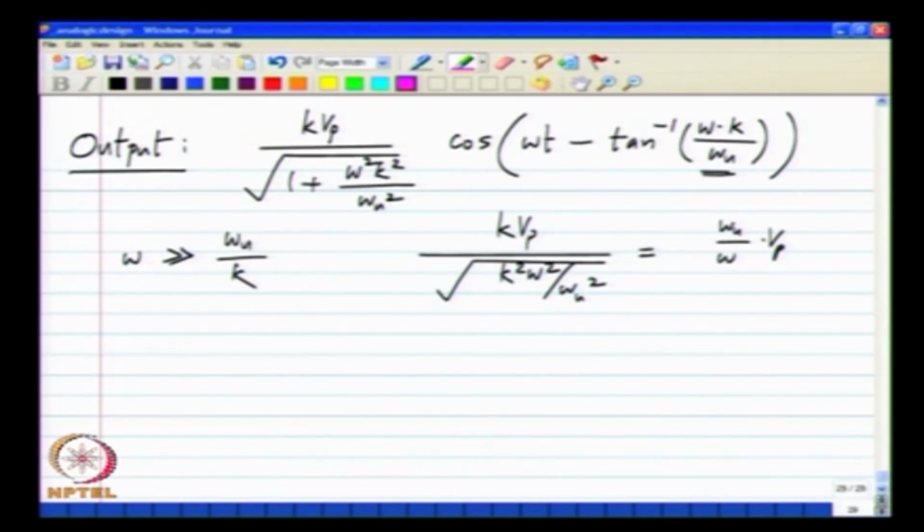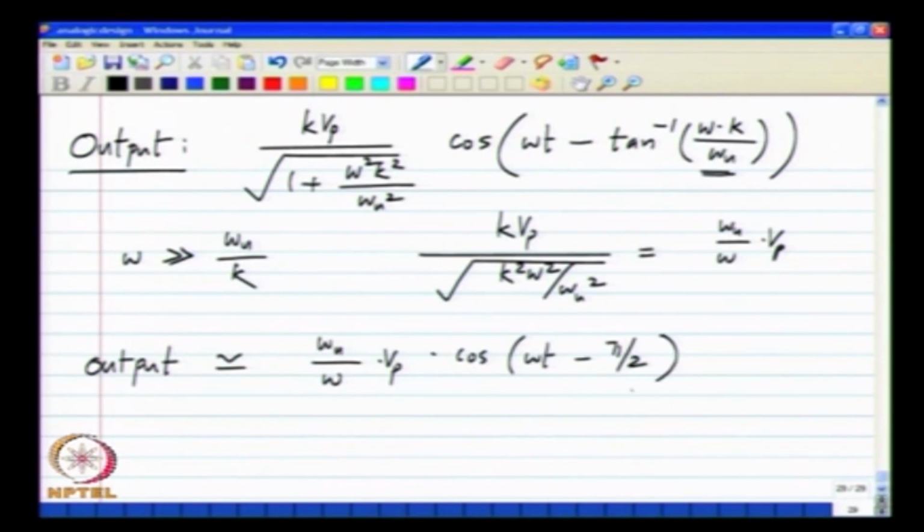So, this argument is very large, and for a very large argument we can simply approximate the tan inverse by 90 degrees, okay.